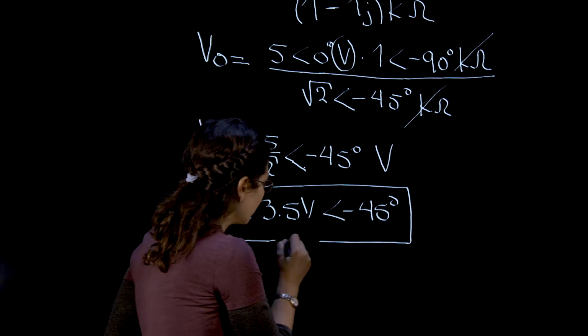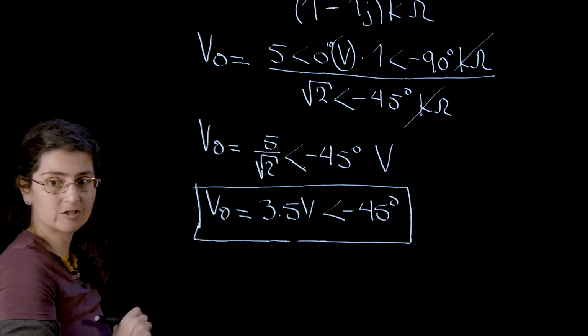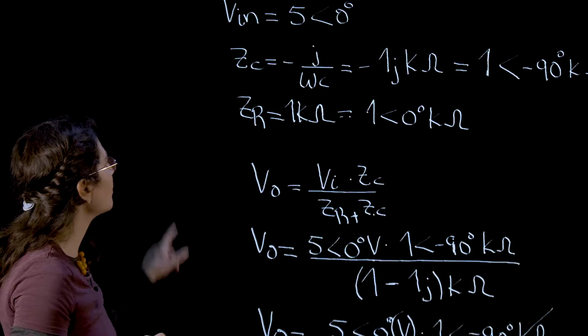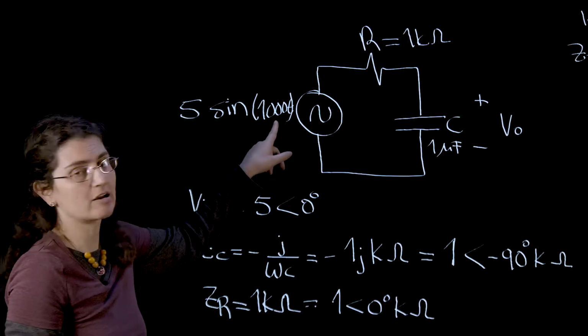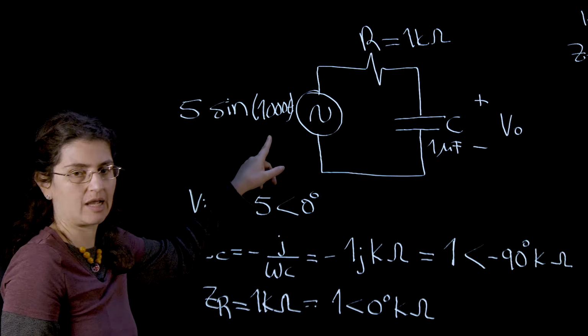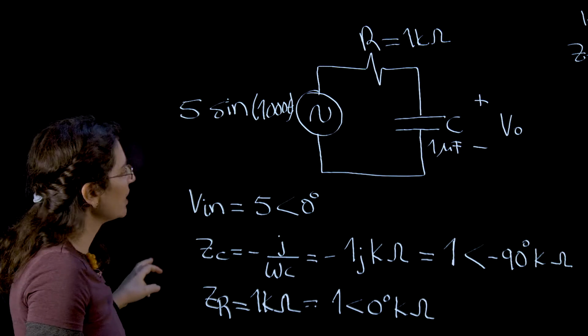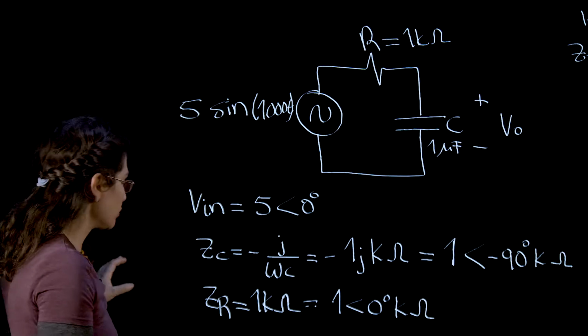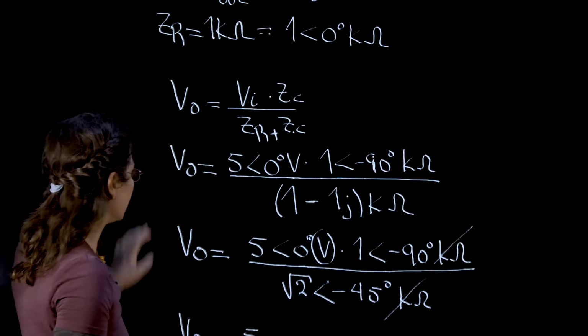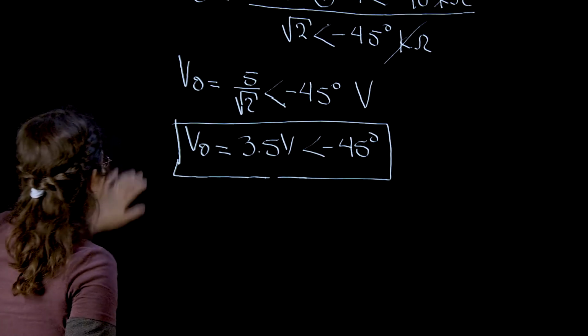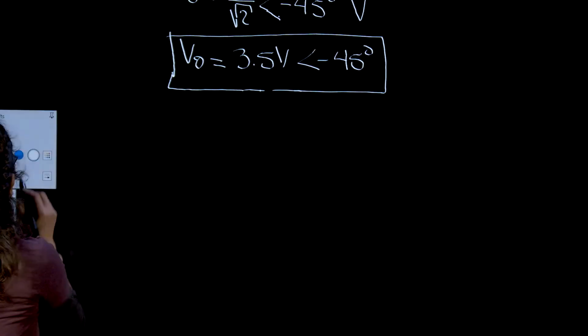Now, when we reach this point, we have to remember that we had also a frequency of 1000 radians per second. So we need to bring that back. It's not an easy task, I must say.